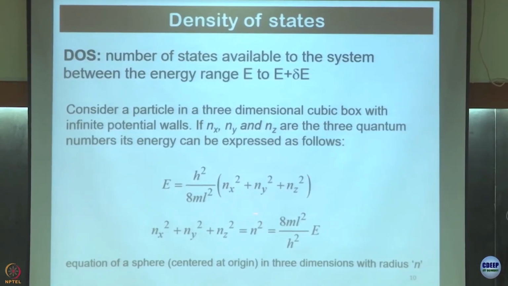I introduce n squared, and if energy E is constant, then there is a reason I am going to do that. This is a very cumbersome way. I will first define the energy, then I will say nx, ny, nz can be 0 to infinity.